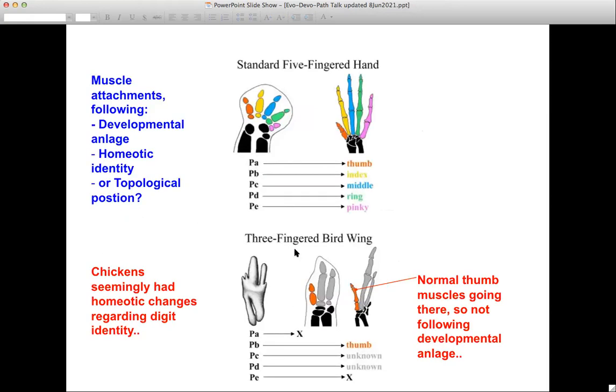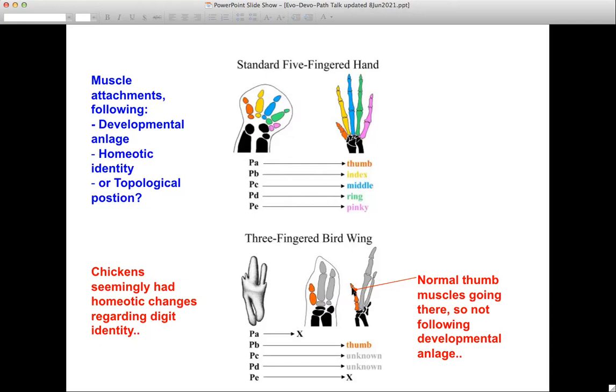Now to simplify, what can this mean? Well, there are 3 information types that you can talk about for digits. You have the developmental anlagen, saying, for instance, in birds, we know that development and identity can be different. So one thing is the homeotic or genetic identity.